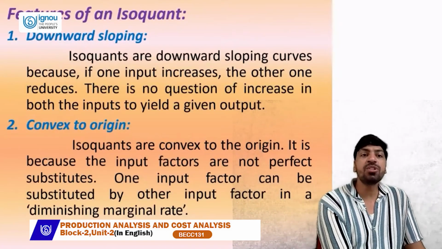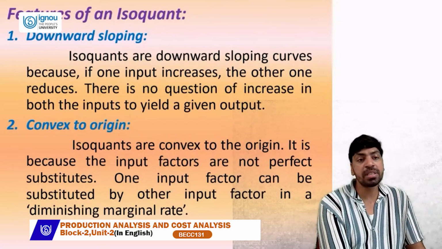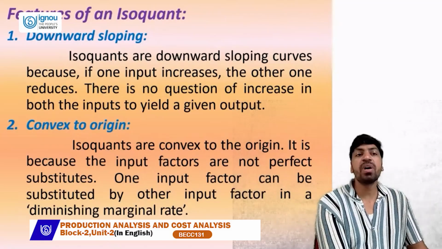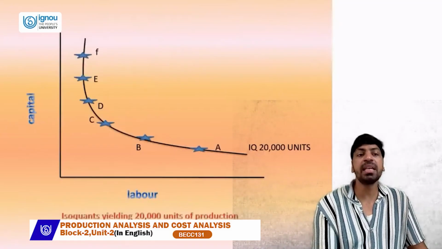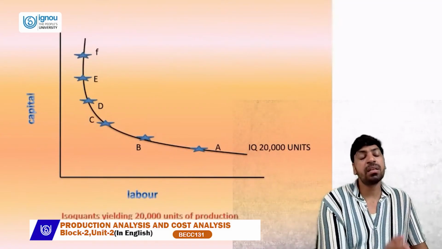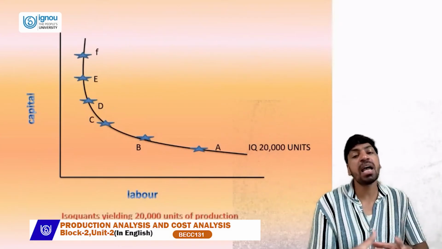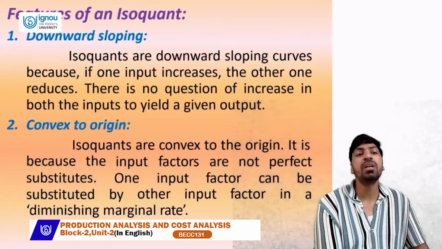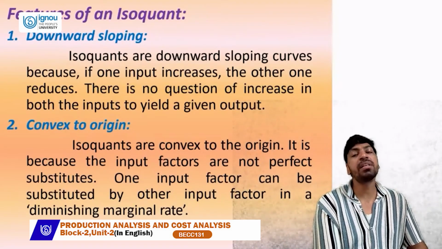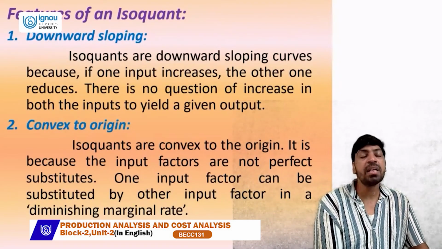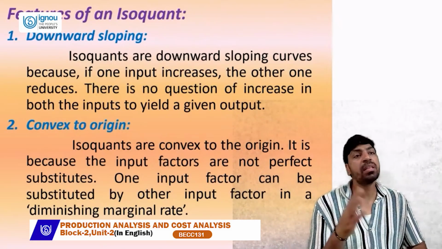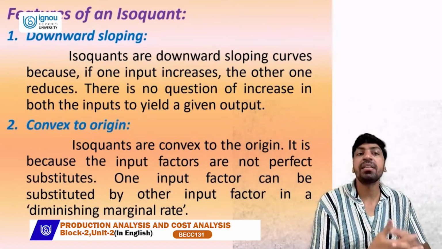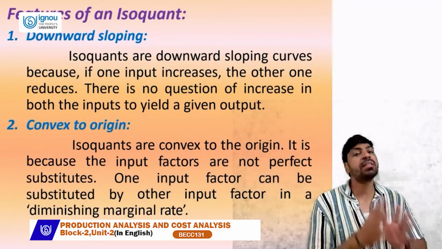Let's talk about the features of isoquants, which is a very important topic. The first one is downward sloping. As you can see in the above diagram, the shape of the isoquant is downward sloping, and that is one of the features of an isoquant. Isoquants are downward sloping curves because if one input increases, the other input will decrease or reduce, and that's the main reason it's downward sloping.